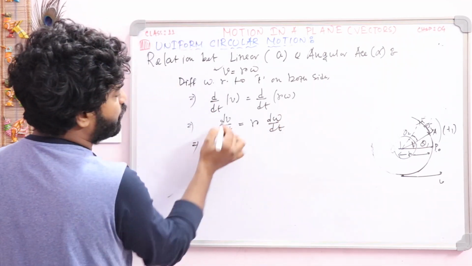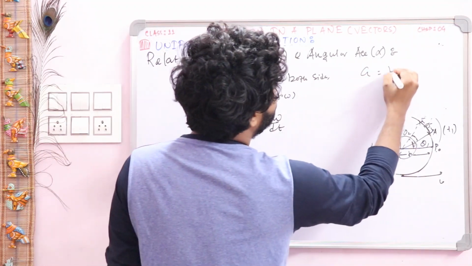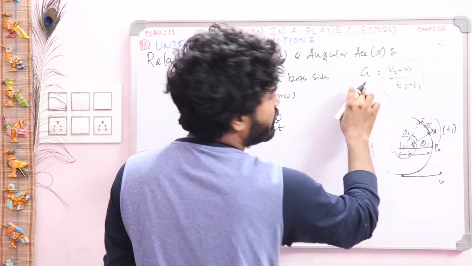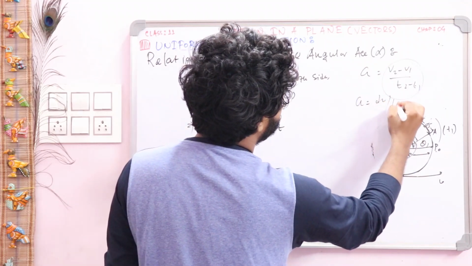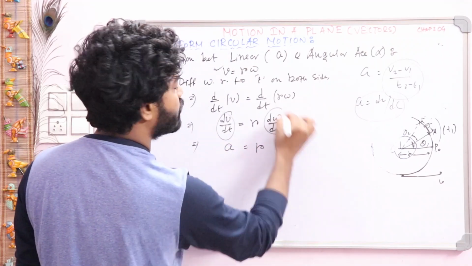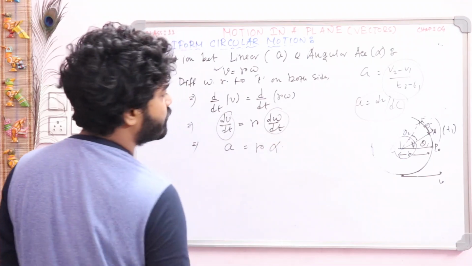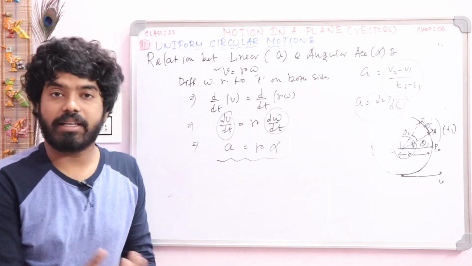Now you know the value of dv by dt, a is equal to v2 minus v1 divided by t2 minus t1. This is the linear acceleration, and instantaneous linear acceleration is named as dv by dt. So this one is the value of a, this one is r, and this one is the instantaneous angular acceleration, which is named as alpha. So this is the relation between linear and angular acceleration.